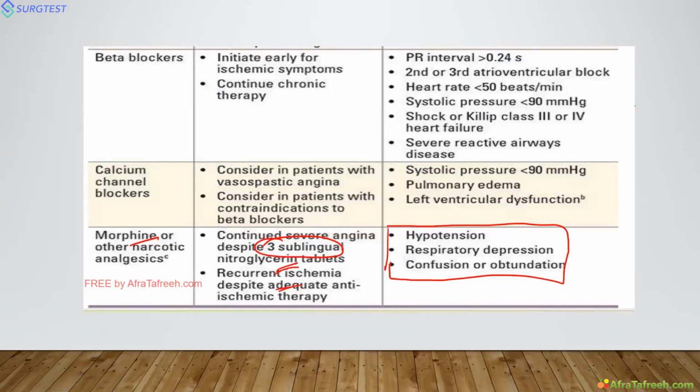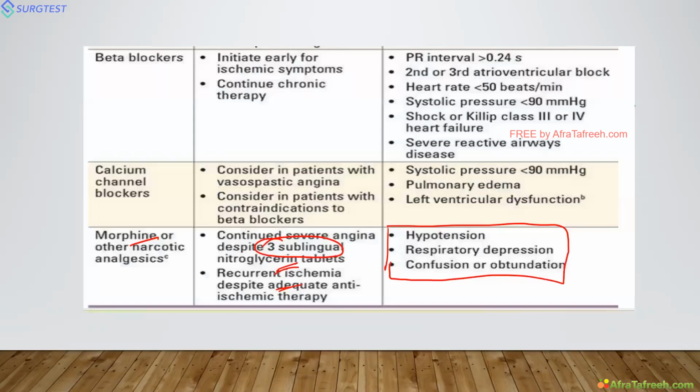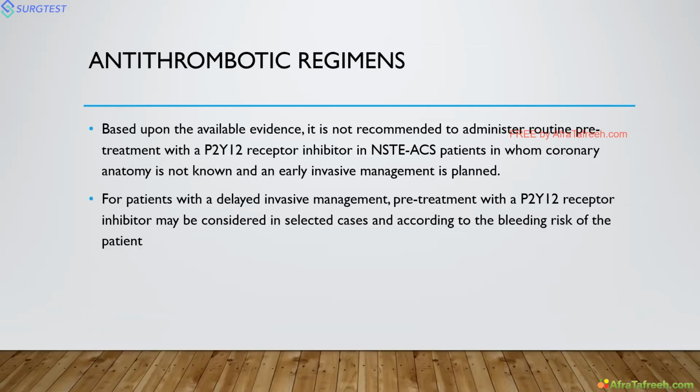Next, we have to treat the patient with antiplatelets and antithrombotic regimens. So we will discuss the antithrombotic regimens. Before that, we will see how to treat a patient who comes to us with ACS NSTEMI: we should not routinely give a P2Y12 inhibitor.